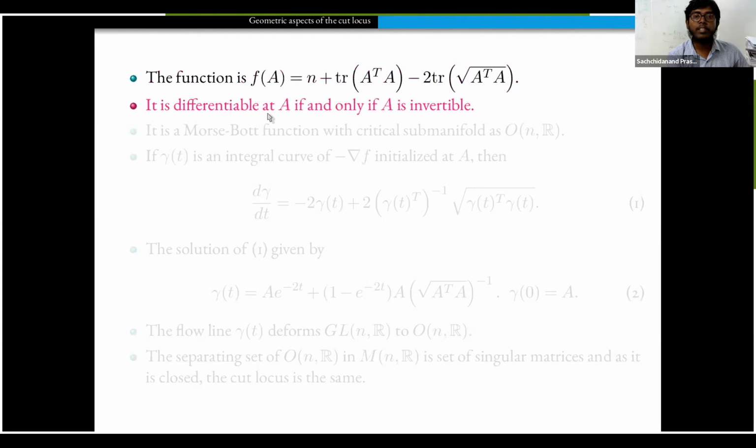And this function is differentiable if and only if A is invertible. And it is a Morse-Bott function with critical submanifold O(n, R).